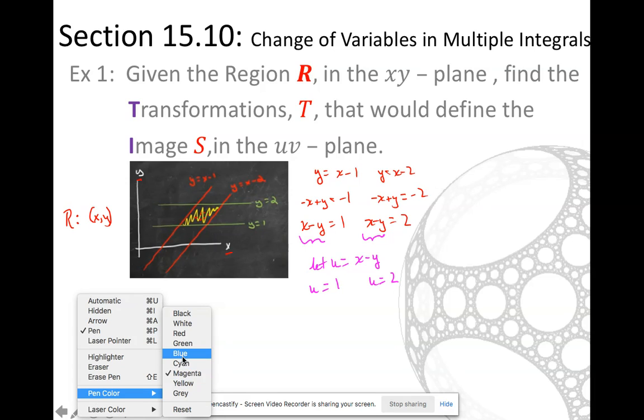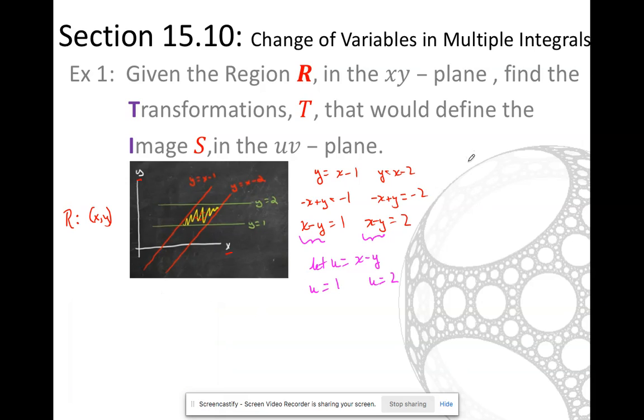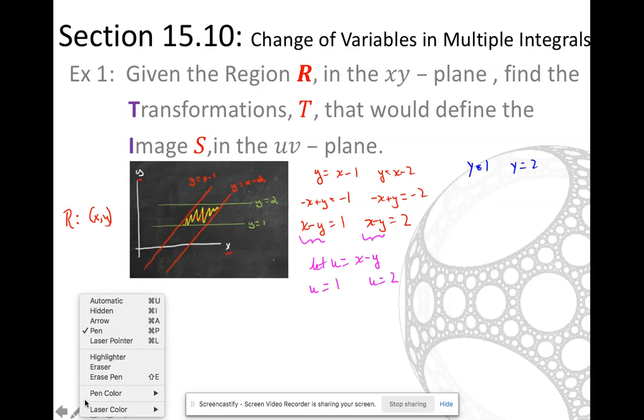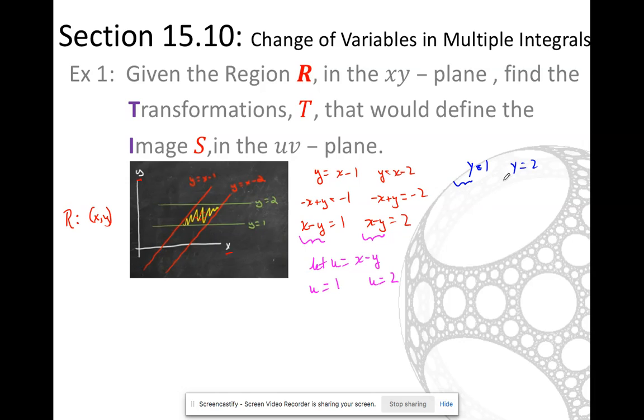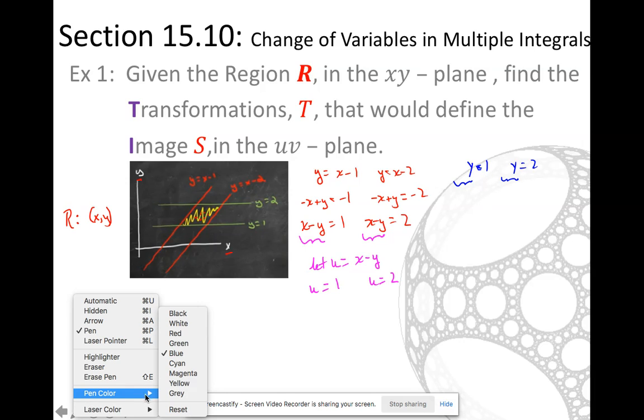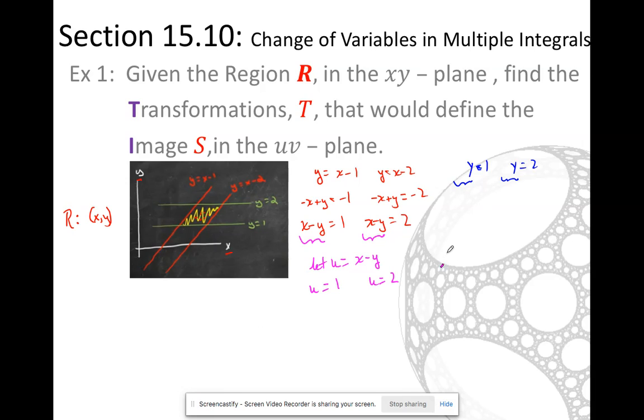Let's do the same thing with the horizontal equations. Both of these equations have a slope of 0. But I've got Y equals 1 and Y equals 2, the same variable. What if I let V equal Y?